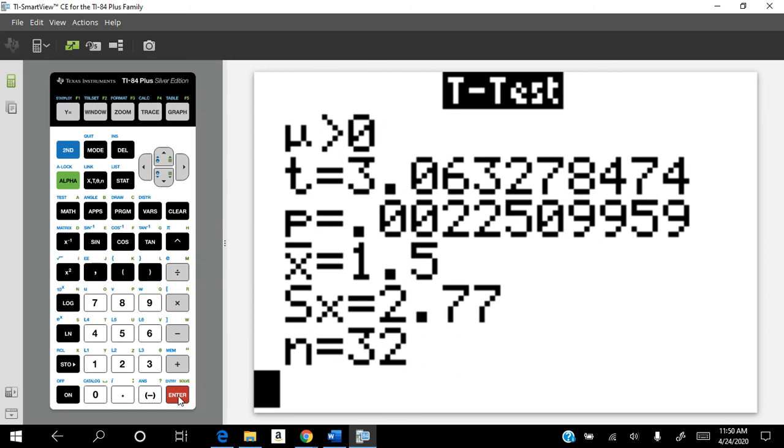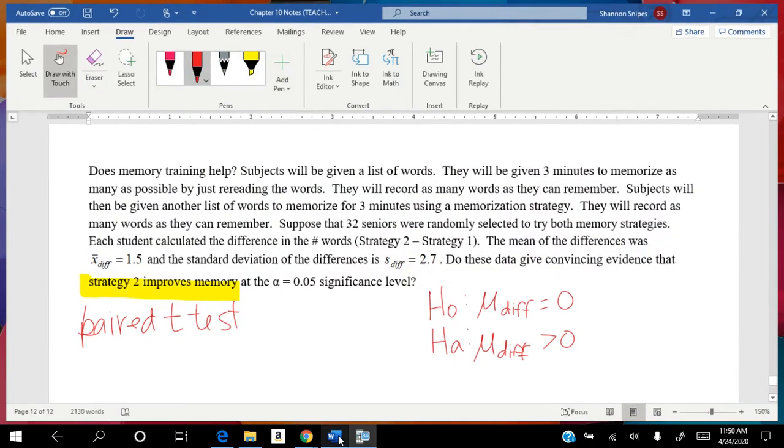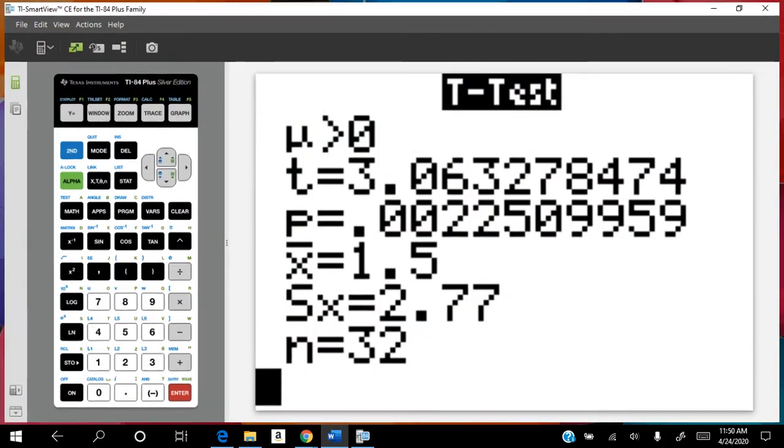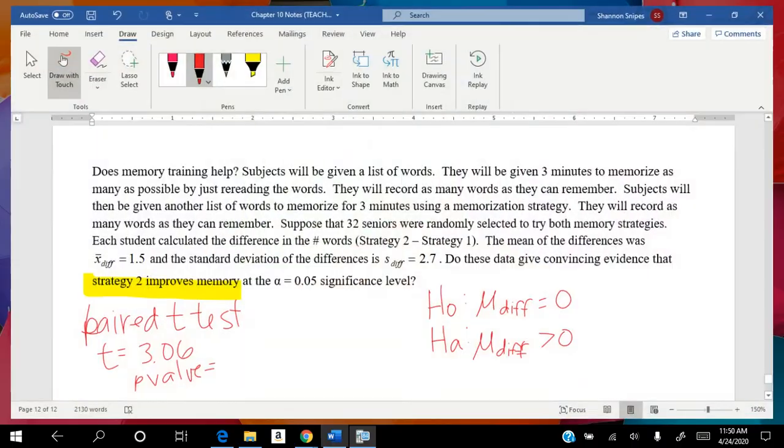Calculate. All right, so our test statistic is 3.06. So t equals 3.06. Our p-value was 0.002.